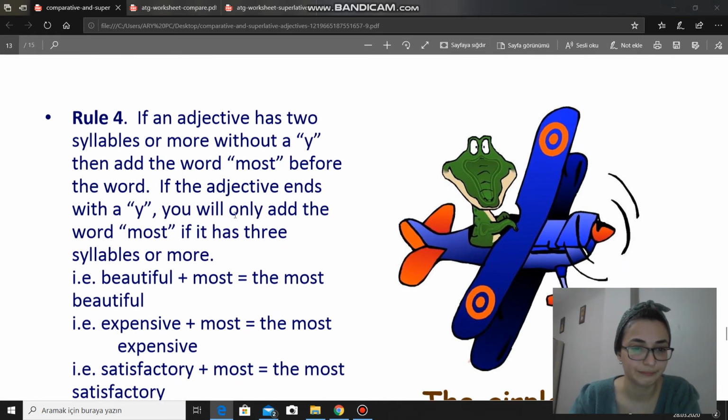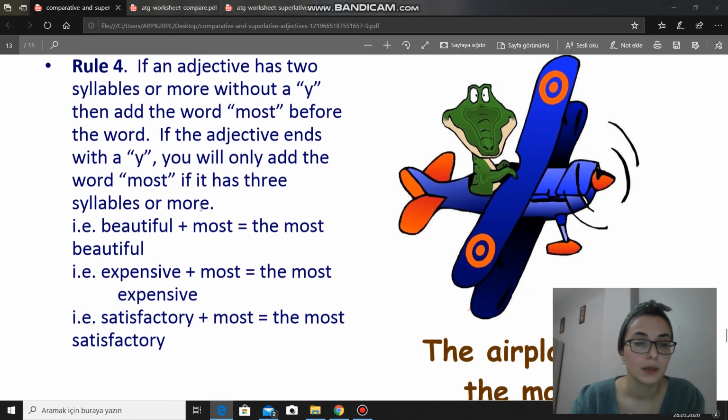Rule 4. If an adjective has 2 syllables or more without a y, then add the word most before the word. If it has 3 syllables or more. Okay?